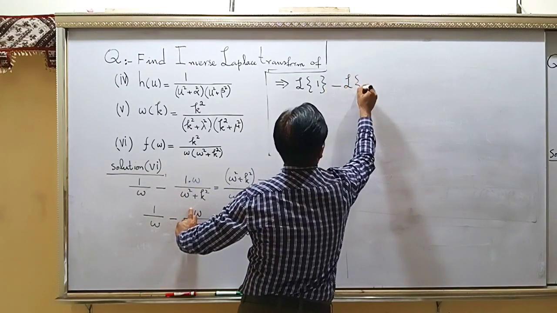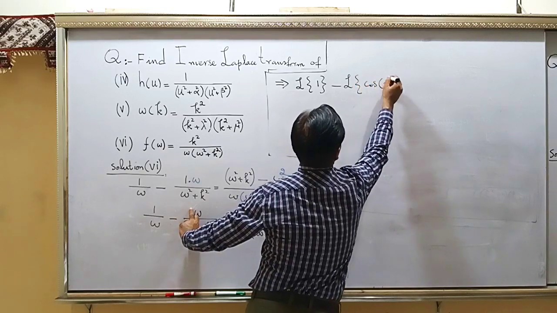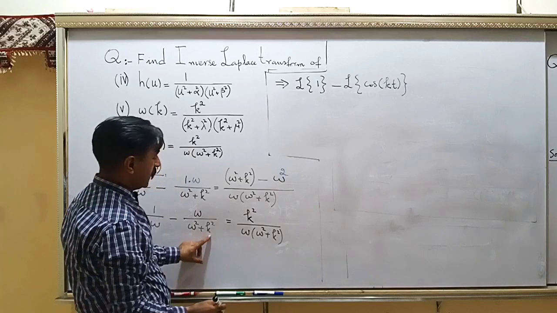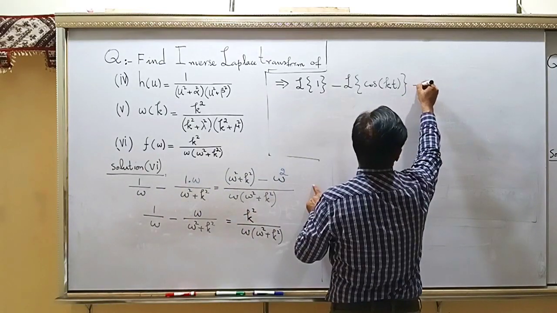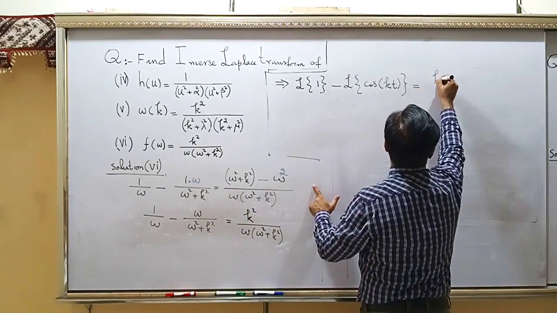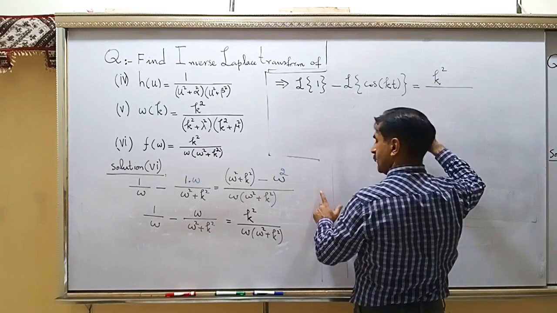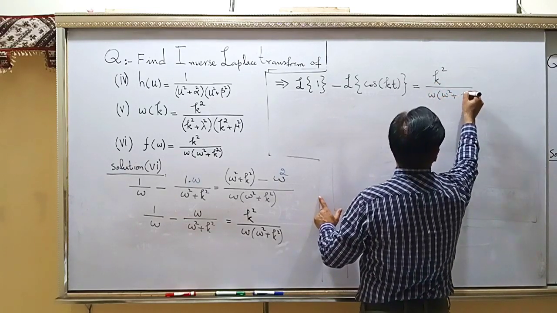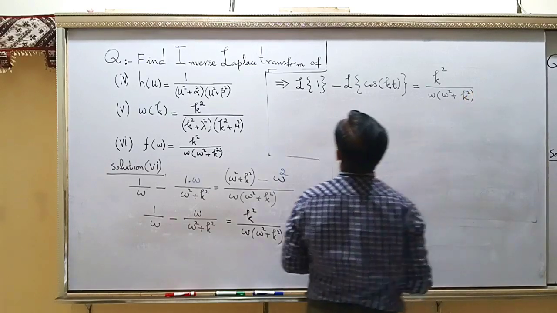Laplace transform of cos of kt, right? k is your constant, and the right hand side is the same, no change in it. This is k square over omega into omega square plus k square.